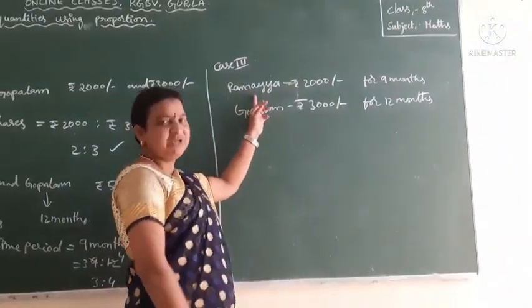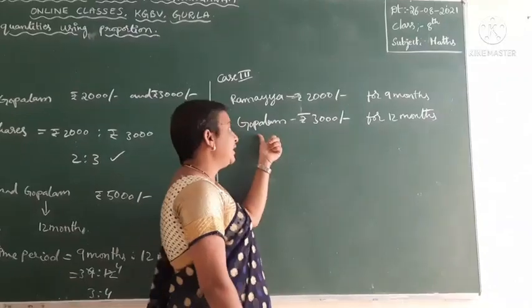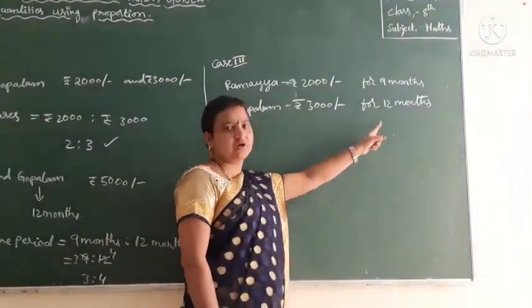Okay. Here Ramaya invested rupees 2,000 for 9 months, and Gopalam invested 3,000 rupees for 12 months.